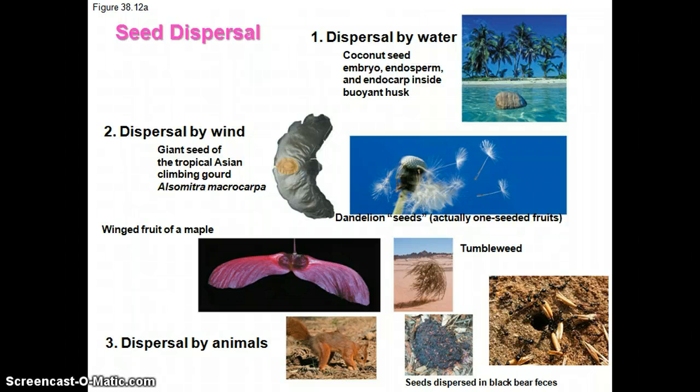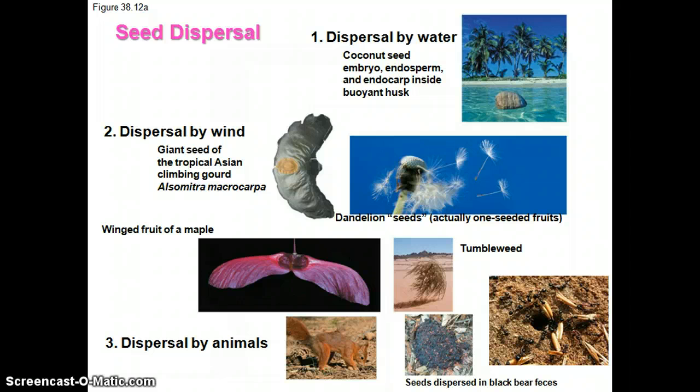What you see on this slide are the three main ways that a seed is dispersed away from its parent plant. So again, trying to cut down on that competition for resources. So there can be dispersal by water, and obviously water-based plants are going to rely on water to disperse the seeds. And there are others that float, like a coconut seed will float along in water.